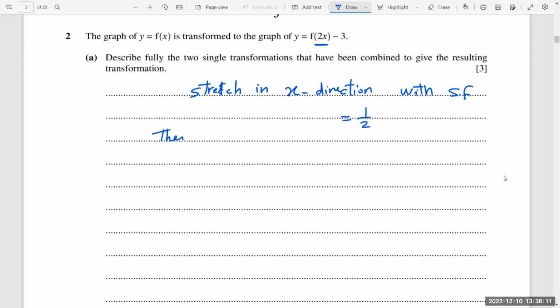Then this negative 3 outside means a translation in y direction, yes, with vector 0, negative 3. This is the answer.